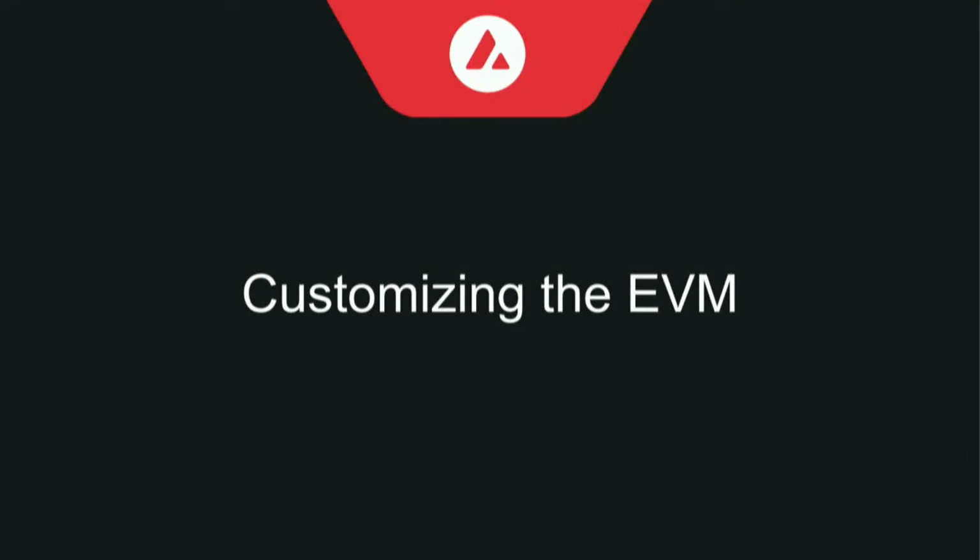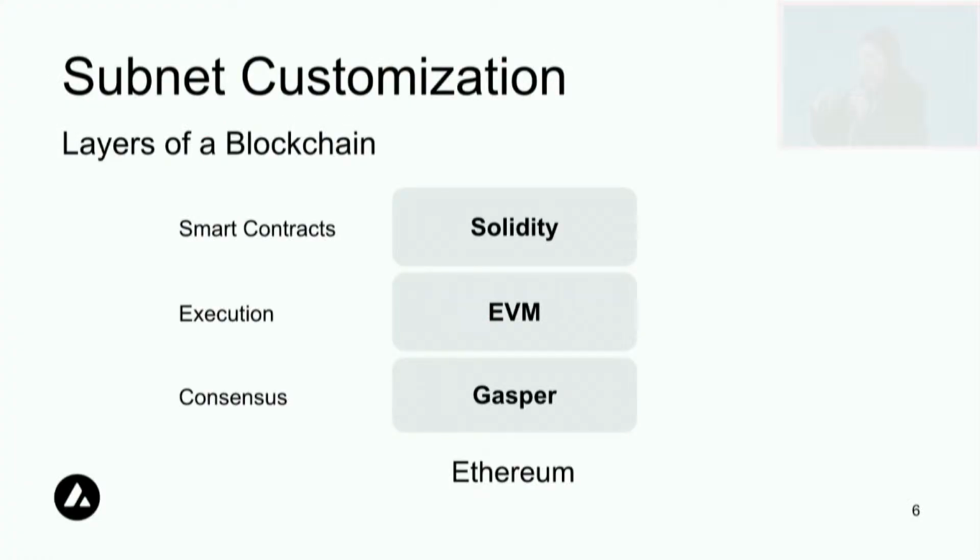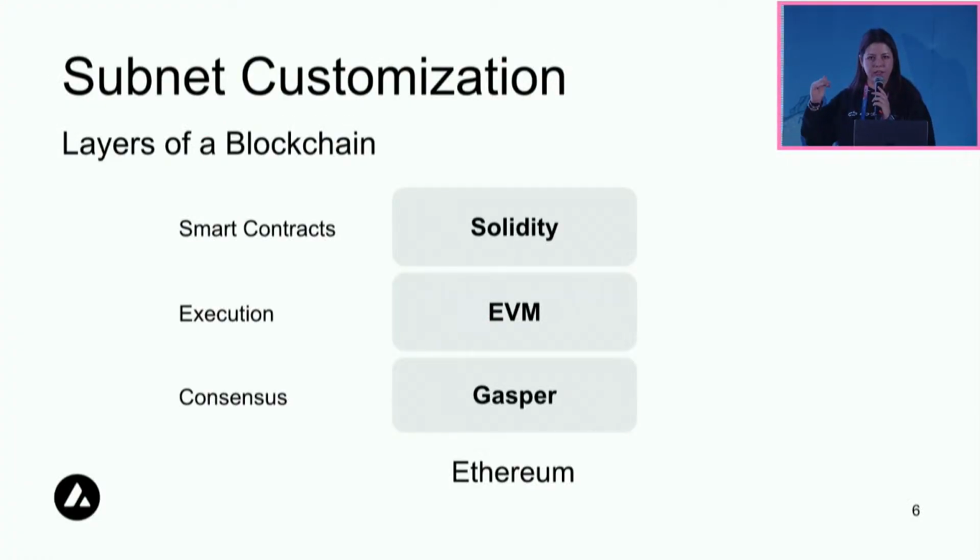So when we're talking about customizing the EVM, first we need to abstract what the EVM is in the different layers of how a blockchain works. We have the case of Ethereum, where you have the network level or the consensus level, and then we have the execution level. The execution level is going to tell us what we are going to change.